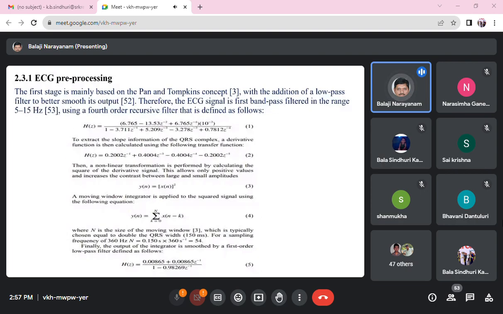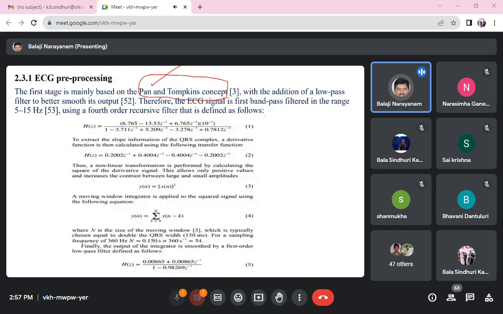During the ECG pre-processing stage, as you observe, there are different kinds of filters. The first stage is mainly based on the Pan and Tompkins algorithm, as we said in the earlier microcontroller based implementation, and here also we have taken the same algorithm for the FPGA implementation, with the addition of a low pass filter to better smooth its output.